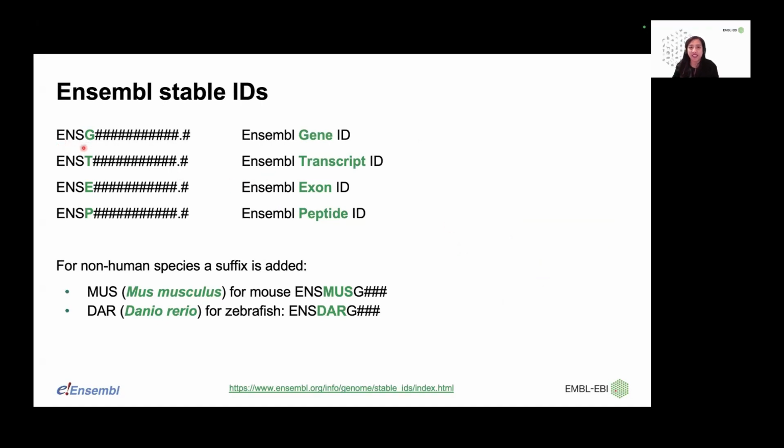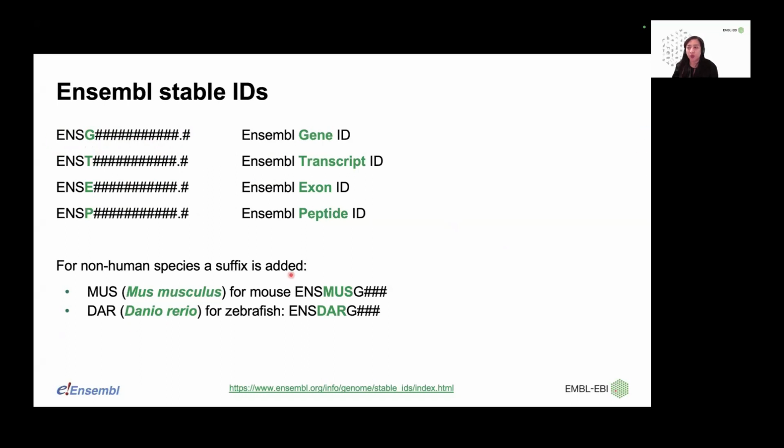So whenever you see an ID that starts with ENS, you can be sure that this annotation came from Ensembl. The ID is composed of the ENS prefix, followed by a single letter, which represents the feature type. So for example, G for gene, T for transcript, E for exon, and so on, followed by an 11-digit unique number.